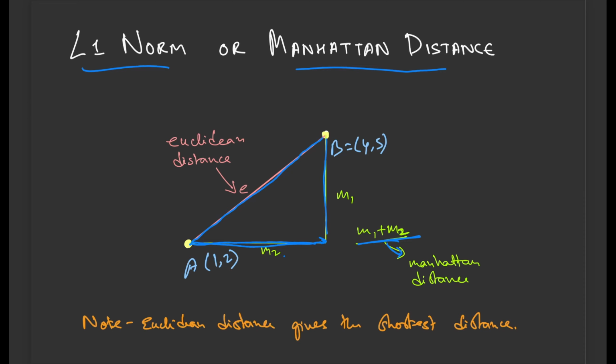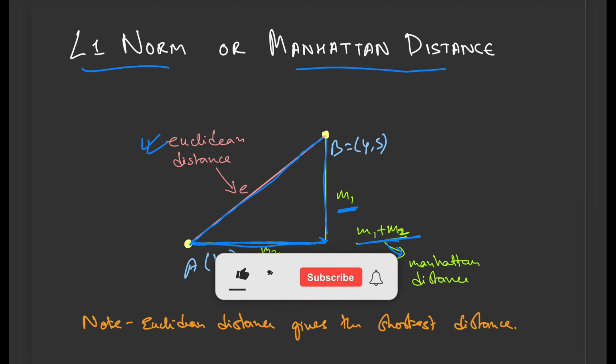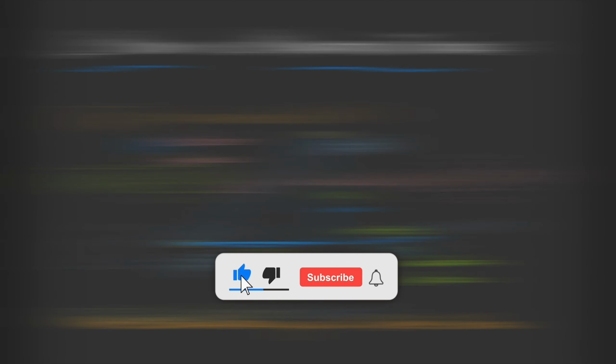This is the X component, M2 units, and we are going in Y component direction, M1 unit. So this is how we'll get the Manhattan distance. And this is basically the Manhattan distance. So Euclidean distance is the shortest distance. Manhattan distance is not the shortest distance.